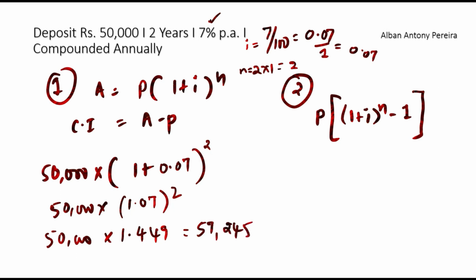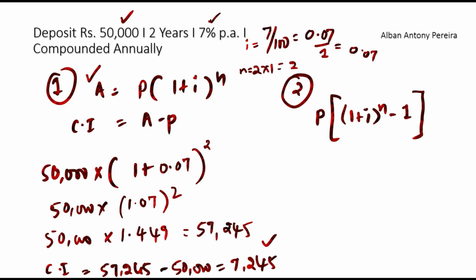So we got the amount, and now the compound interest formula is A minus P. A is 57,245 minus P, that is principal, given here as rupees 50,000. So compound interest is 57,245 minus 50,000. The answer is 7,245. This is the first method.